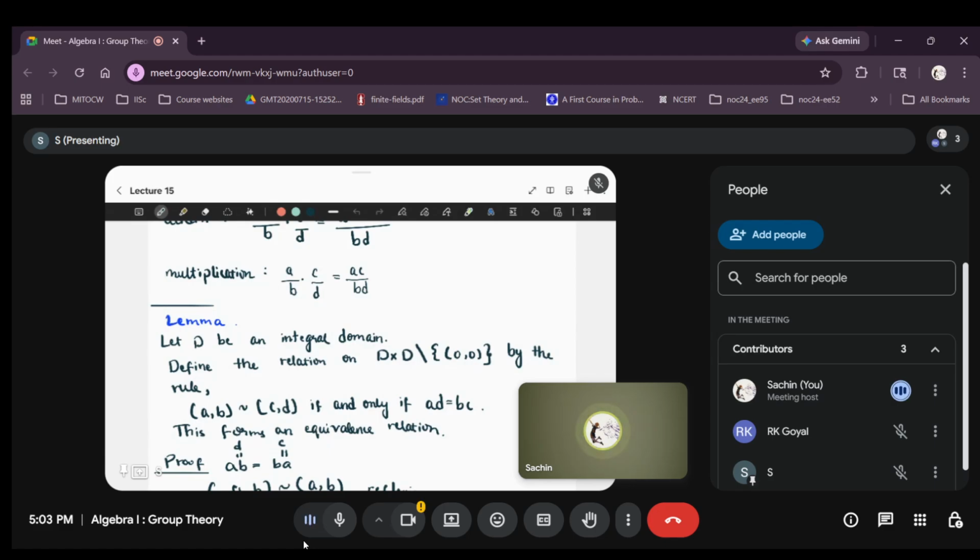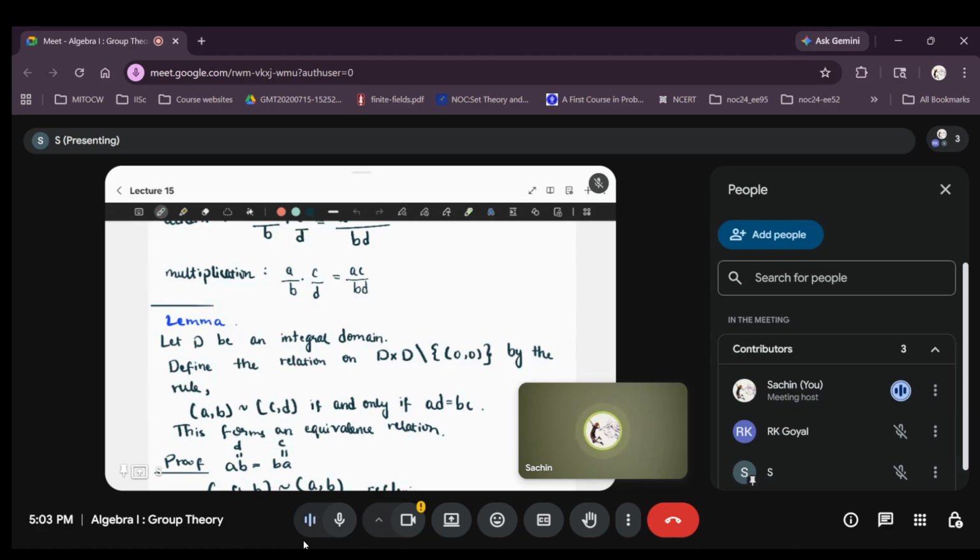Now we denoted an equivalence class containing an element (a, b) by a by b. So when we write a by b, we actually mean the equivalence class containing the element (a, b). Of course, that equivalence class can contain other elements (c, d), (e, f), whatever it is. But if they are in the same equivalence class, then they are related to each other.